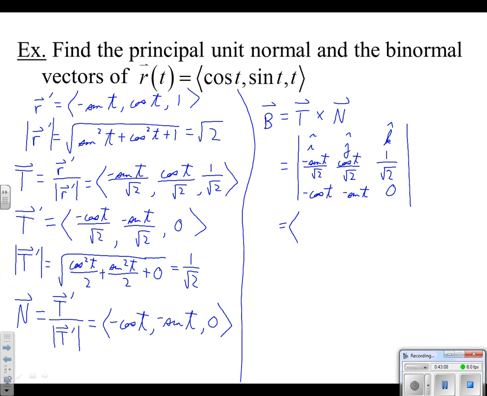So let's see what I get. I'm going to get sine t over radical 2, comma, negative cosine t over radical 2, comma, sine squared t over radical 2 plus cosine squared t over radical 2.